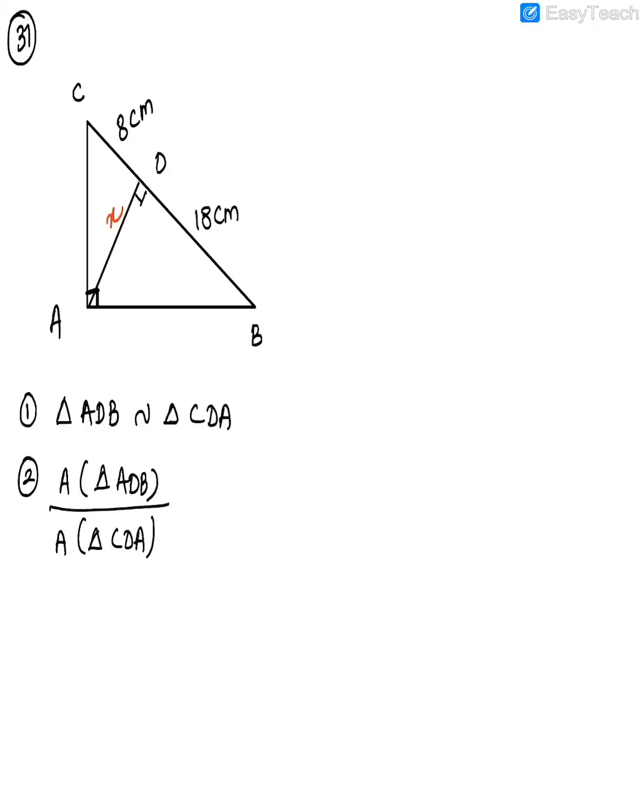It will come up to 90 minus X. Then you can find this remaining angle also. How will you find it? Angle CAB minus angle DAB. When you solve, you will get this angle is also X. And this 90 degree is already given to us in the question.